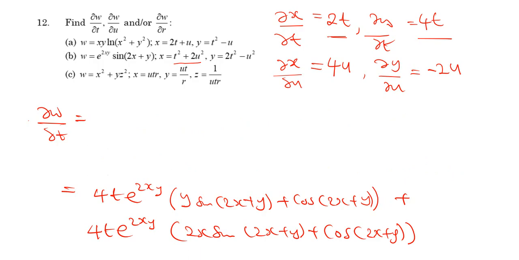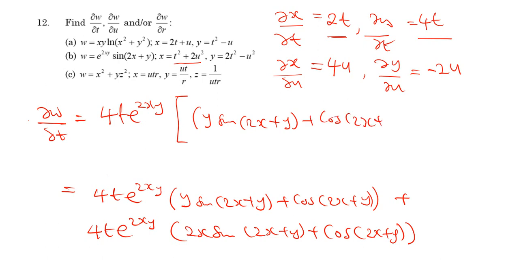I have the 4t e to the 2xy common, then this here leaves me with y sine of 2x plus y, then plus the cos of 2x plus y, then this is just plus what remains here, that's just 2x sine of 2x plus y, then the other part is just plus cos of 2x plus y, then I close this here.